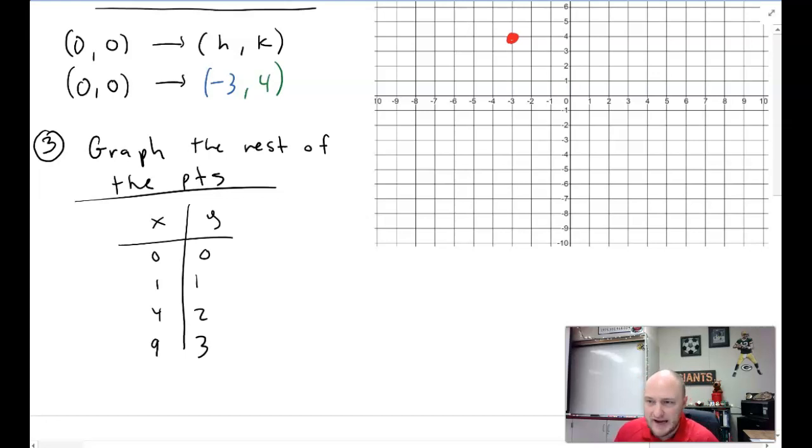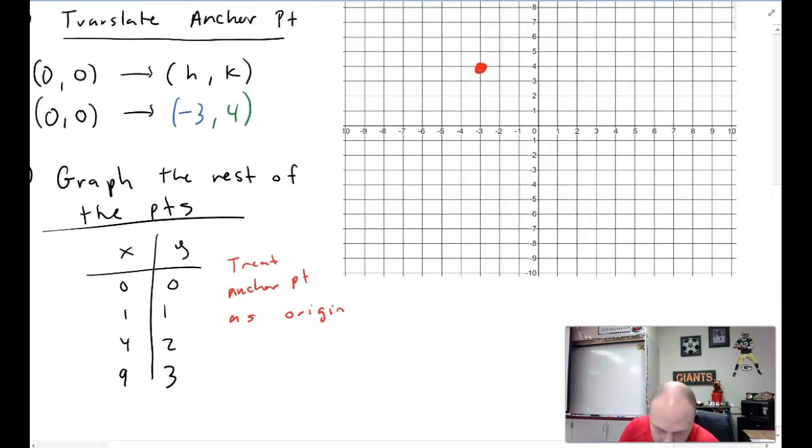Okay, and I'm going to treat the new anchor point as my origin. And I'll put a note here: treat anchor point as the origin. Okay, and I'm going to plot my next point, 1, 1.